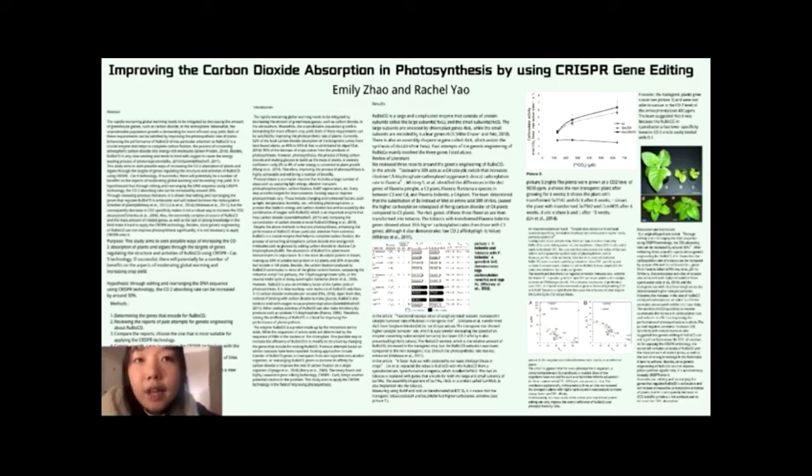So in the end, our hypothesis that by editing and rearranging the DNA sequence using CRISPR technology, the carbon dioxide absorbing rate can be increased by around 30%, is rejected. In terms of applying CRISPR technology, since genetic engineering of rubisco cannot significantly increase the carbon dioxide absorbing rate, it is not necessary to apply CRISPR onto it.